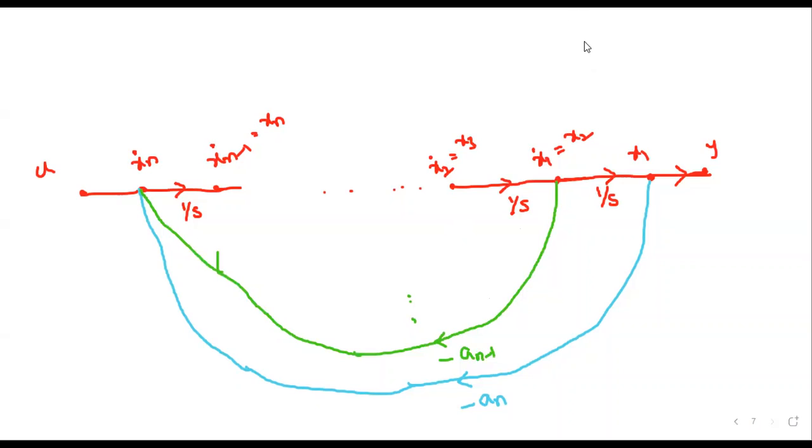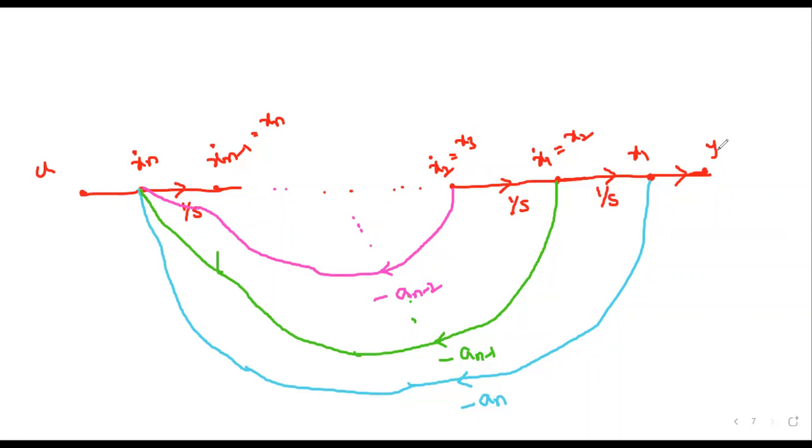From x3 we have minus an minus 2. Now we have a summing point, and so on. We can continue the same thing. Okay, this is the state diagram in signal flow graph representation.